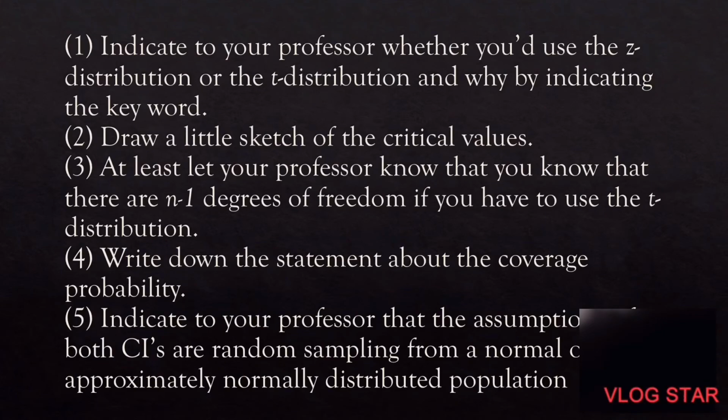At least let your professor know that you know that there are n-1 degrees of freedom if you have to use the t-distribution. Not for the z-distribution, of course. 4. Write down that little statement about the coverage probability. Try to keep it as close to what I said as possible. 5. Indicate to your professor that the assumptions of both confidence intervals are random sampling from a normal or an approximately normally distributed population.